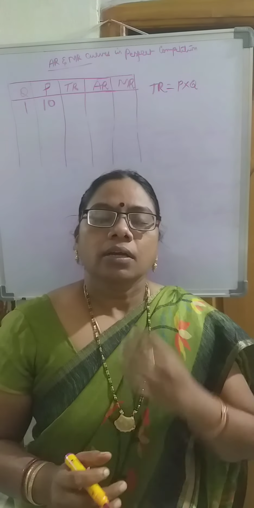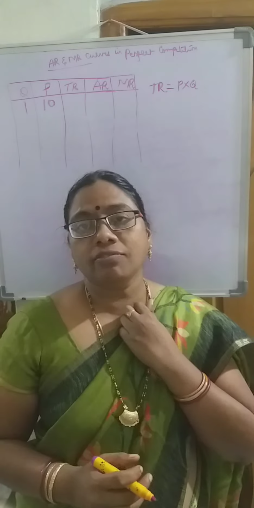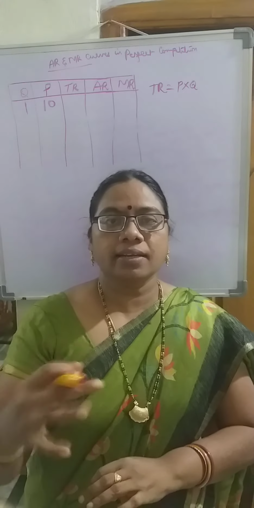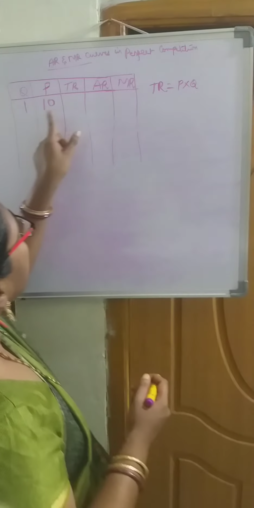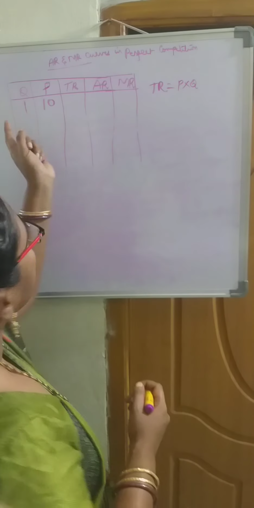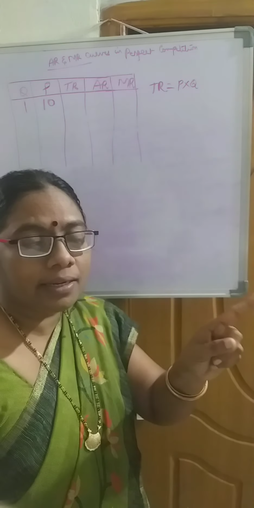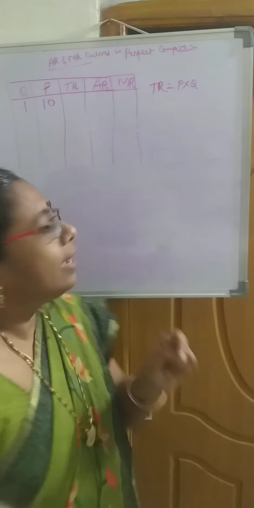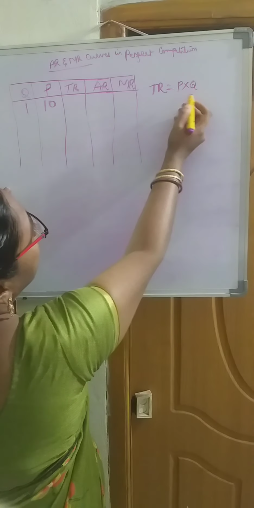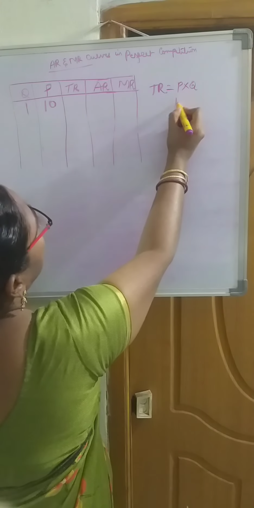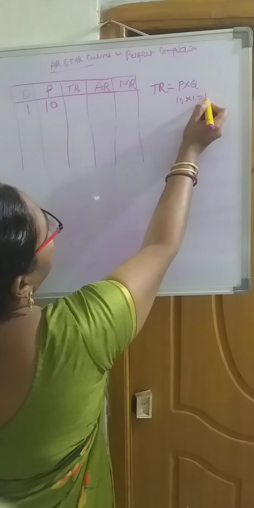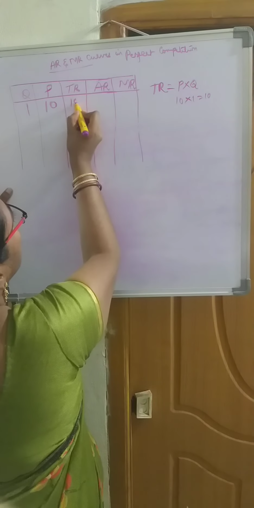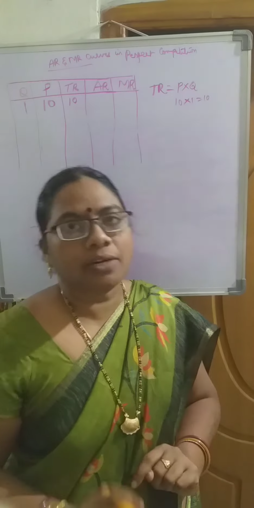The total revenue he is getting from the number of products he is selling at a given price. So here the producer is selling one quantity at a price 10, and he will get total revenue P into Q, that is 10 into 1 is equal to 10. So the total revenue is 10 rupees.